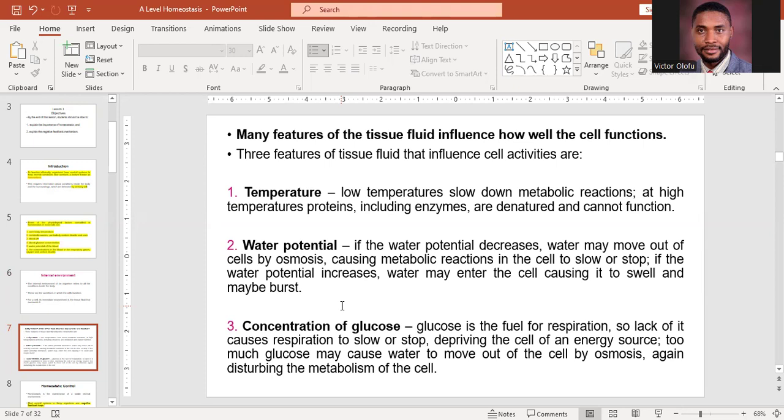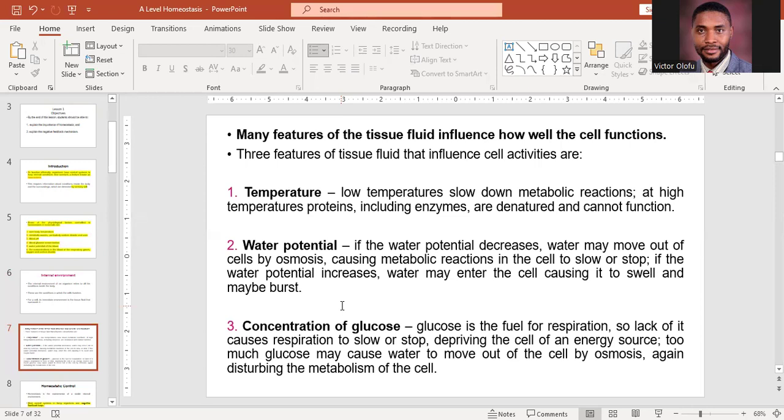If the water potential decreases, water may move out of the cell by osmosis, causing metabolic reactions in the cell to slow or to stop. And if the water potential increases, water may enter the cell, causing it to swell and maybe burst. So the water potential is an integral factor that needs to be regulated in the tissue fluid where the cells are found.